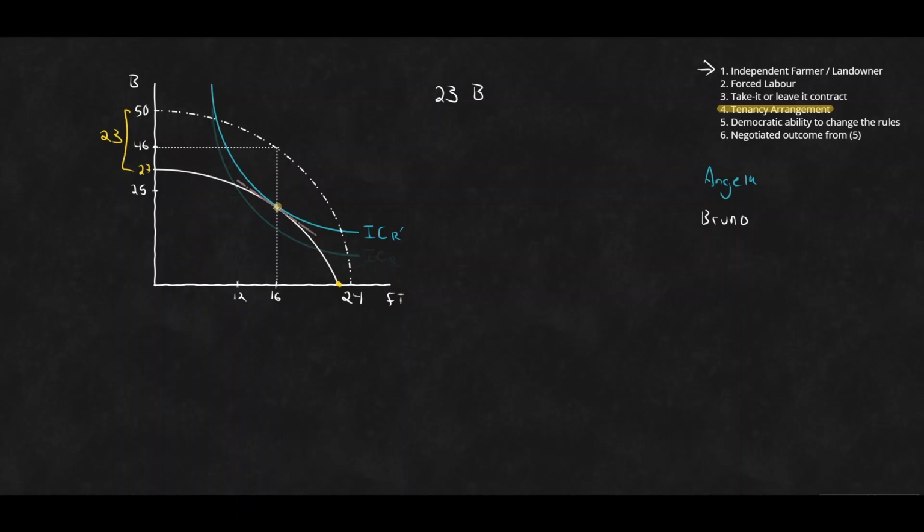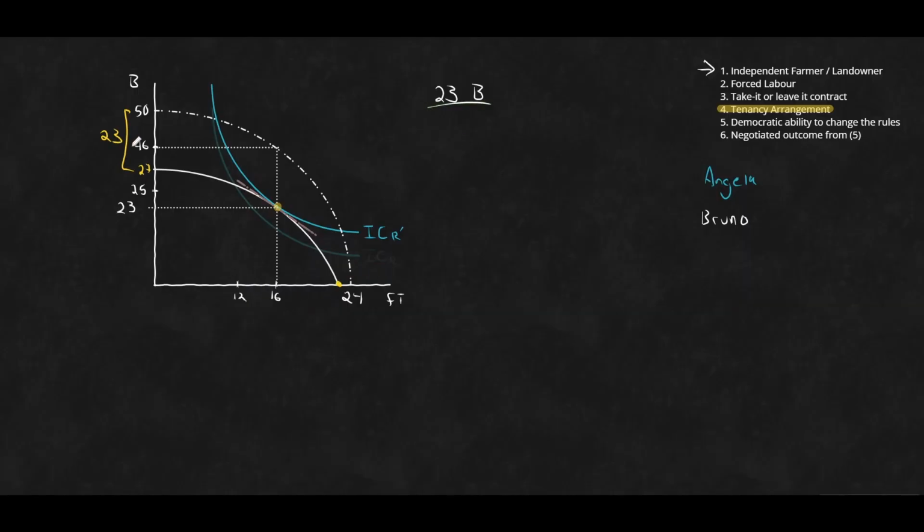16 hours of free time. And similarly, cut that across. Something, again, I'm just making this number up, something like 23 units being produced. So in this case here, what is happening? Well, she's producing 23 units. She has her lease of 23 bushels.